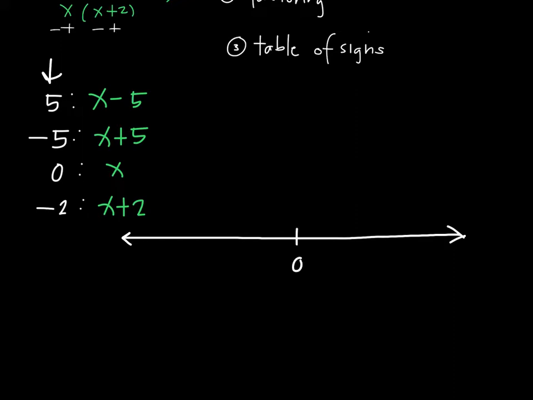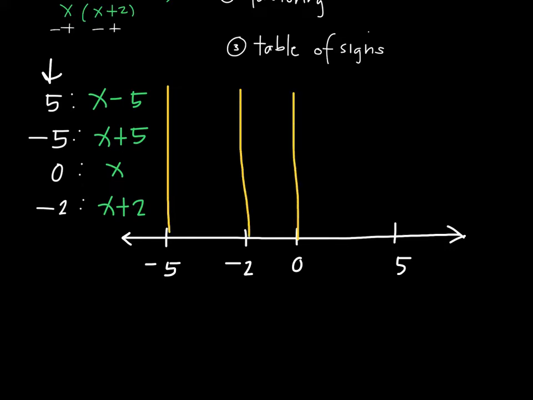So if this is 0, then far to the left is negative 5, you have negative 2 closer to 0, and then you have the positive 5. Then for each factor, you need to create a vertical line. So 0, and then 5.